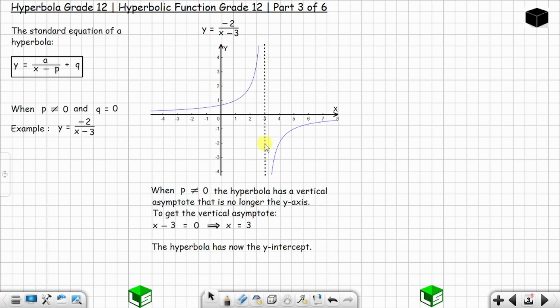This is your vertical asymptote. The y-axis is no longer the vertical asymptote, and this is why the hyperbola can cut the y-axis. You now have a y-intercept. To get the y-intercept, you let x equal to 0.